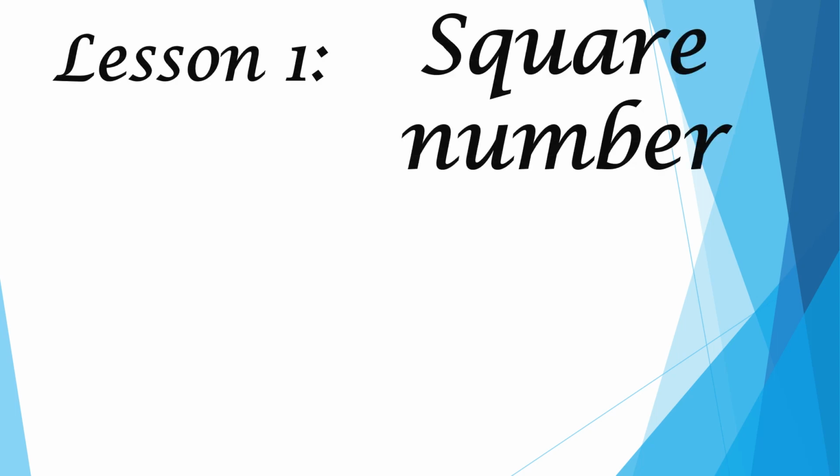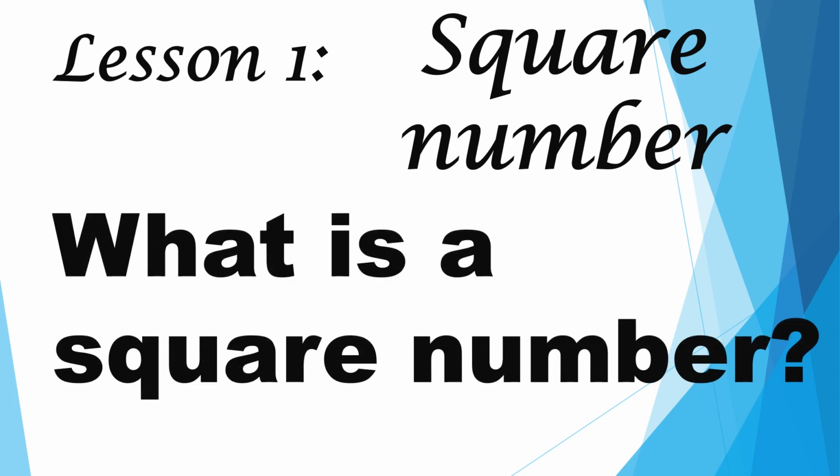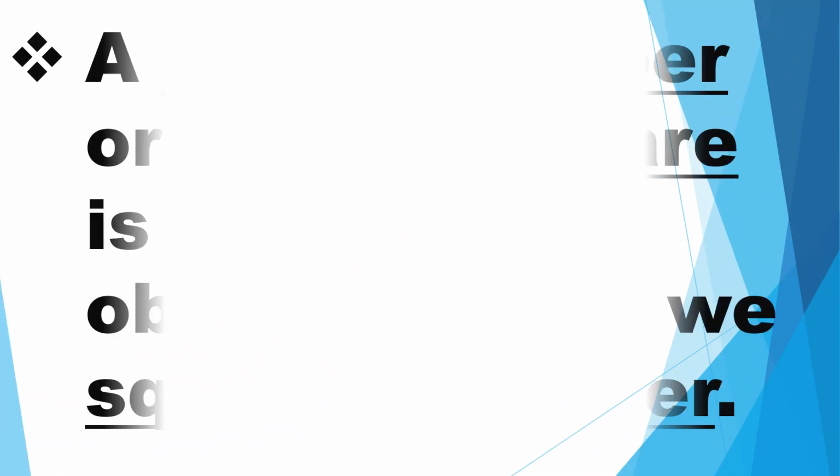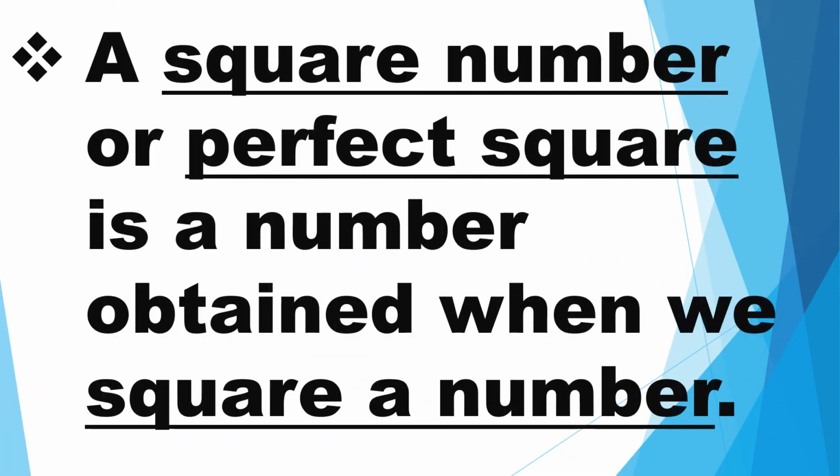Lesson 1. Square number. What is a square number? A square number or perfect square is a number obtained when we square a number.